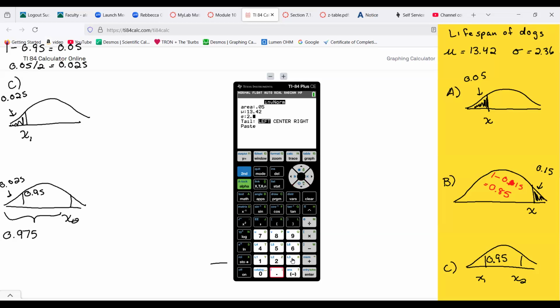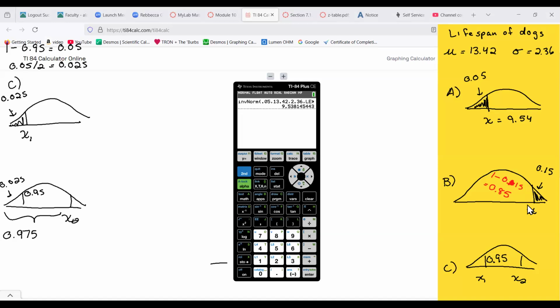And the standard deviation is 2.36. So if I just do all left, like I said, some of you, that's all you can handle. That means that my score here is going to be 9.54. So we'll just round to 2 places here.